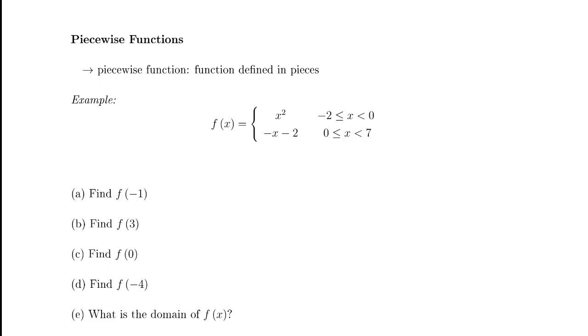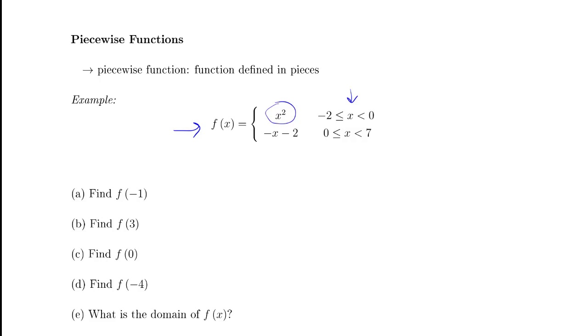So as an example here, take a look. What this is saying is that the function f of x, what does it equal? All right, what is the rule to tell me what to do with x? Well, the rule is do x squared if x is between -2 and 0, including -2, not 0.